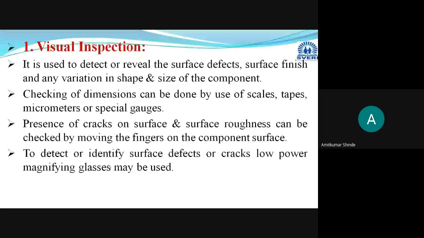All this is done in the visual inspection. This is our first inspection method, visual inspection, and it is conducted in this way. Which type of defects or cracks are detected, what is the purpose of this inspection, and how it is conducted, I have explained here.